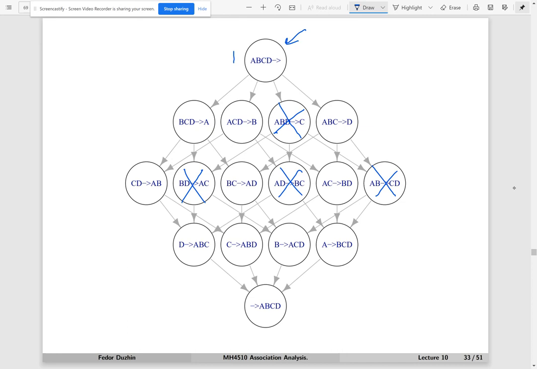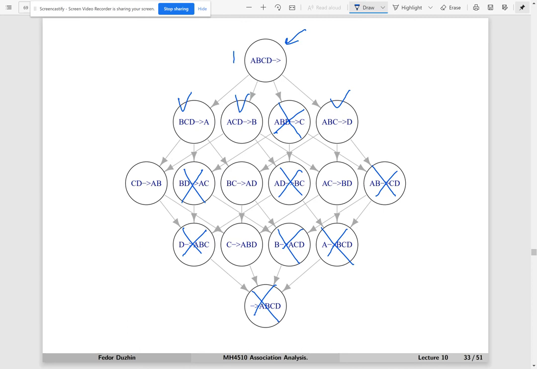So everything that contains C on the right-hand side is immediately out. It doesn't even make sense to consider them. But suppose, for the sake of an example, that these are okay. So these three rules are confident enough.